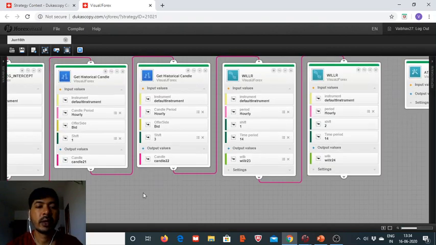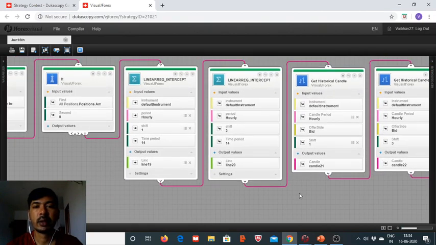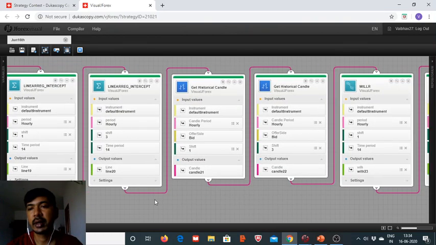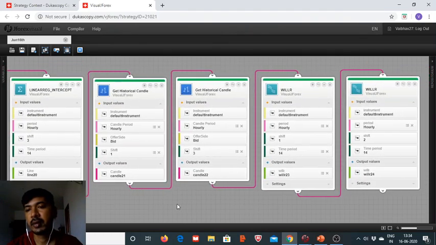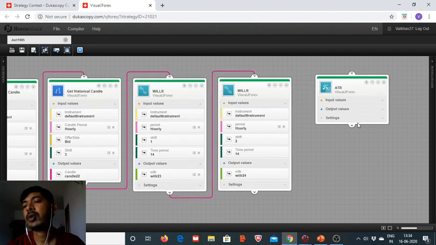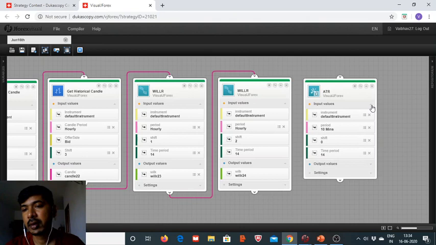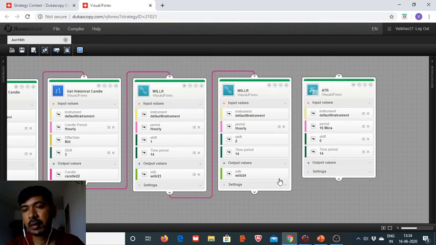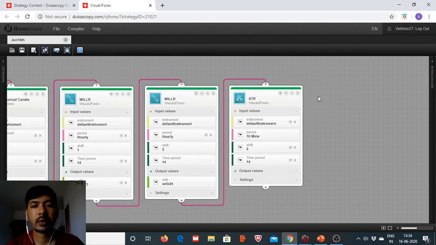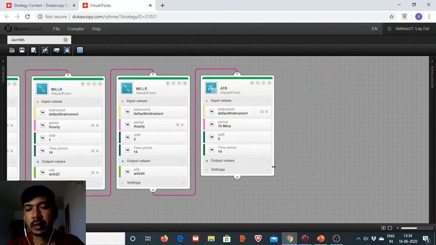So here we have brought in the linear regression intercept, the historical candle data, and Williams R, and now the final piece in our puzzle, the ATR. So with that we are almost done with the indicator blocks.